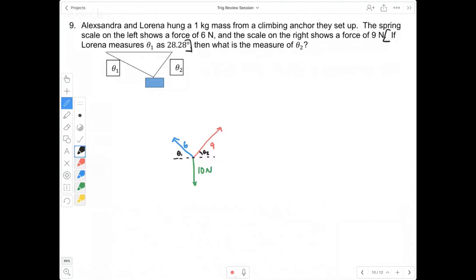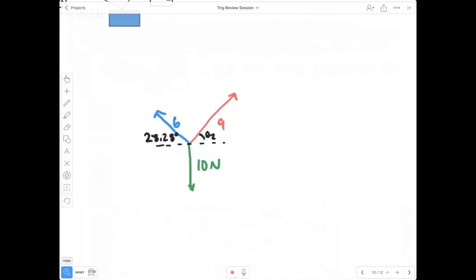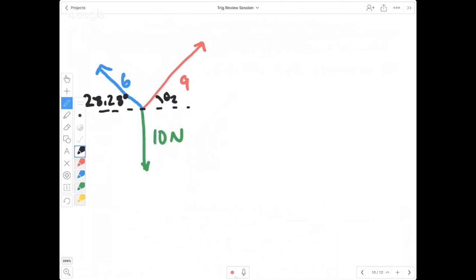Okay, so we've got 28.28 degrees given. And we're going to solve for theta 2. And we know a couple things. We know here that the right side and left side forces ought to be balanced.